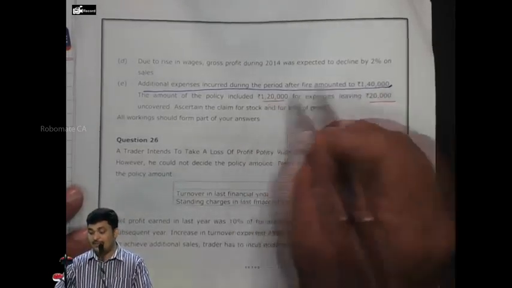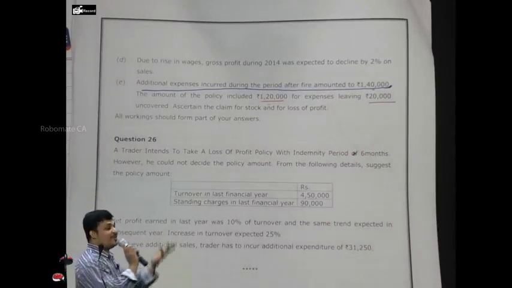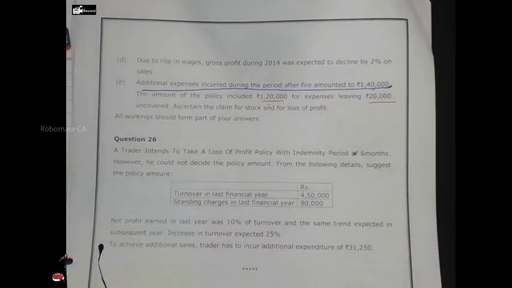And this is not the breakup of this 140. Unfortunately, that 140, this 120, 20 have some matching totals, correct? But no way is it related to each other. 140 is the total expense incurred after fire or before fire? And this 120 and 20 are expenses that used to be incurred before fire as well as after fire, correct?